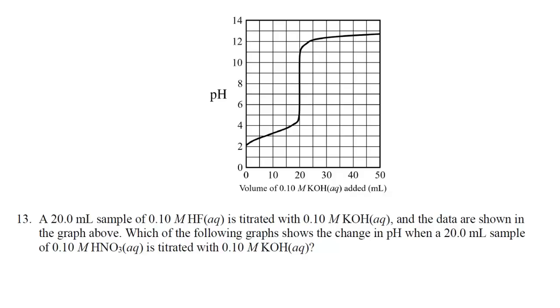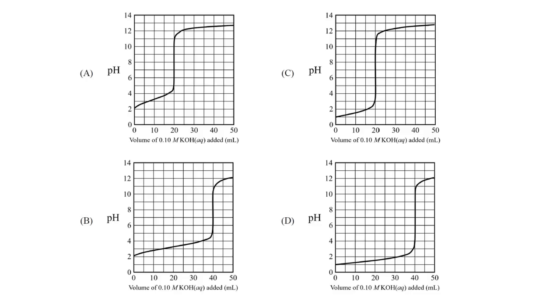So the essence of this question is, if you switch from hydrofluoric acid, which is a weak acid, to nitric acid, which is a strong acid, how will the appearance of this titration curve be affected? So there are the 4 graphs that we have to analyze.